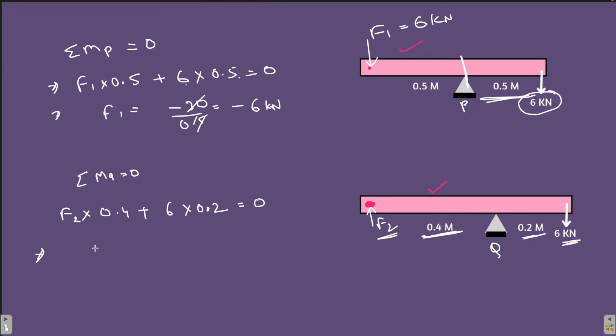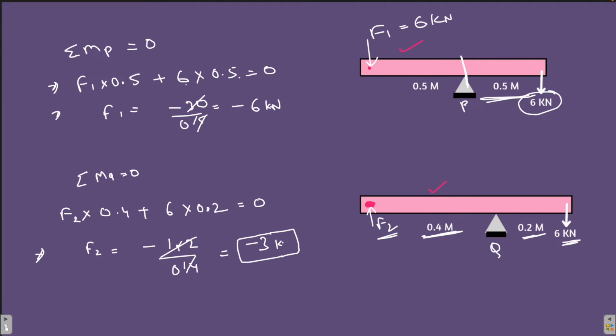So this implies F2 must be equal to minus 1.2 by 0.4, which is minus 3 kilonewton.